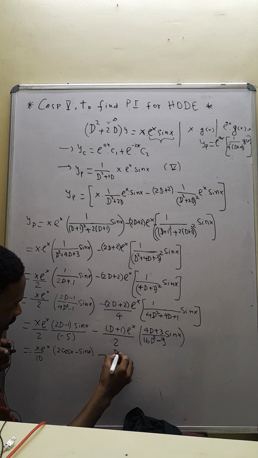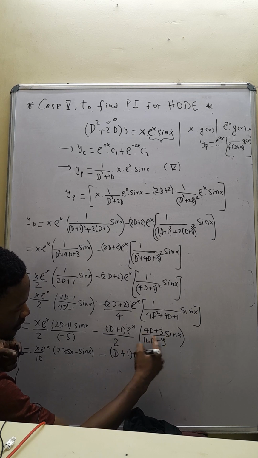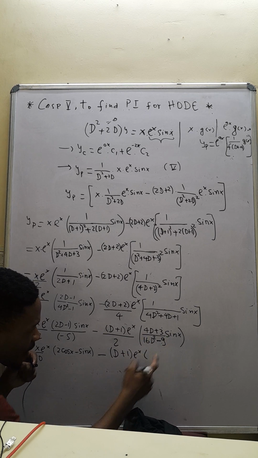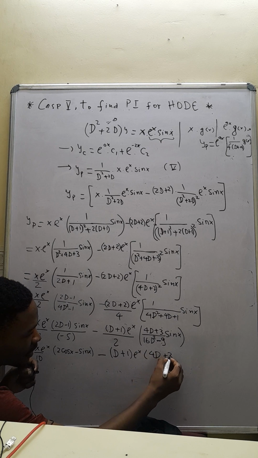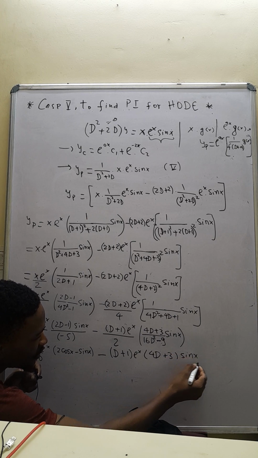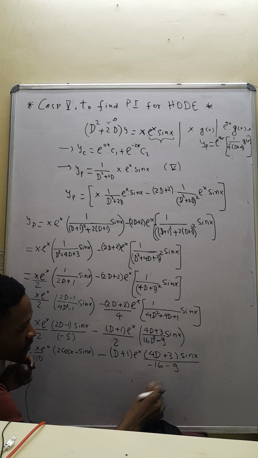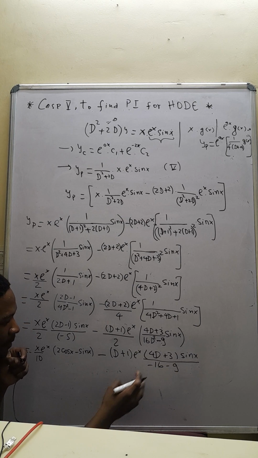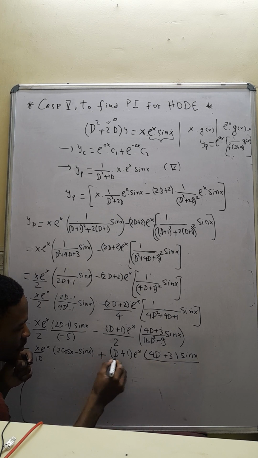This will be d plus 1 Euler raised to x. When you substitute here, you are going to have 4d plus 3, all multiplied by sinus of x, all divided by minus 16 and minus 9. Minus 16 minus 9 is minus 25. So minus and minus plus.